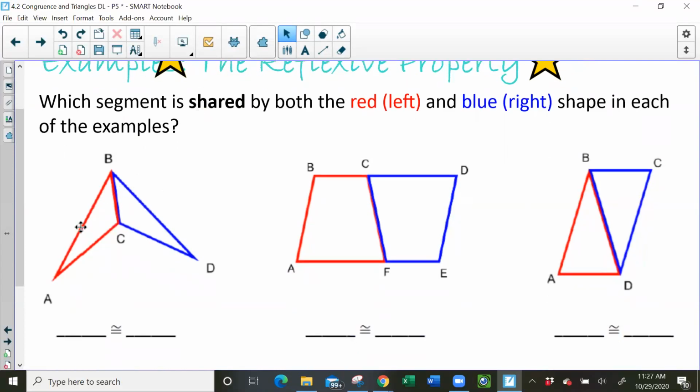Here we have a red triangle and a blue triangle. They want to know which segment is shared by both. So in the red triangle, I have BC. Actually, let me use red.